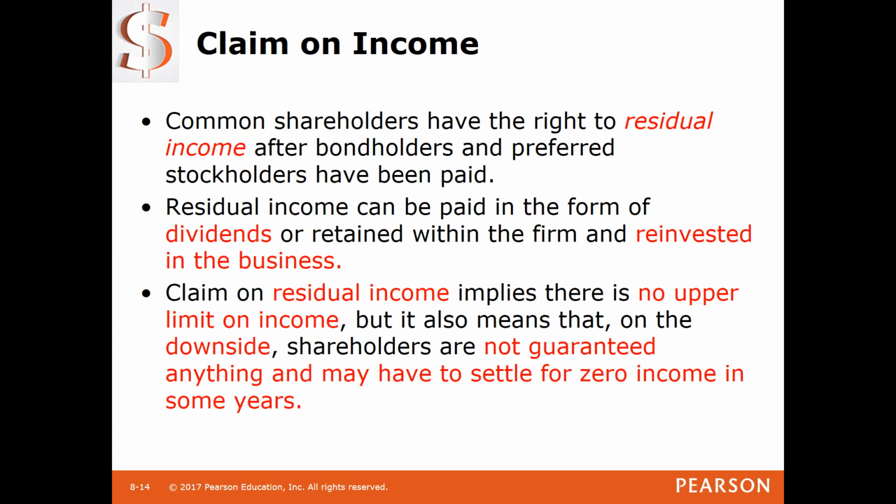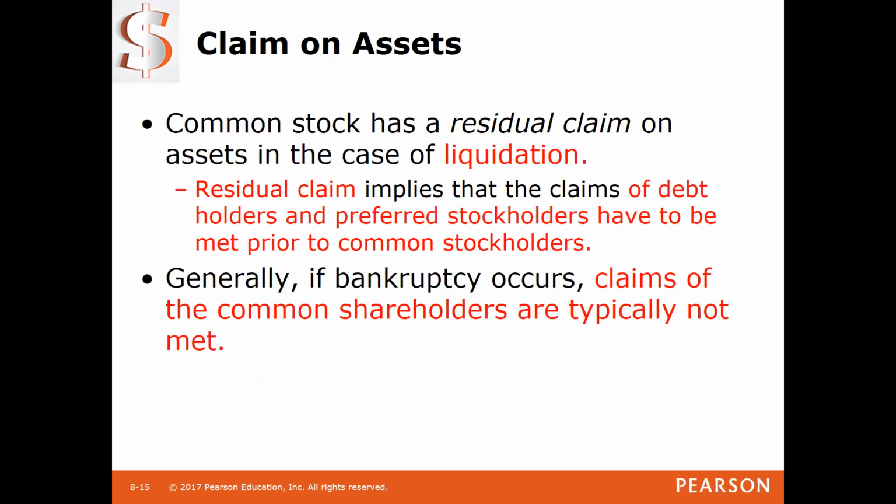To illustrate this point further about common stockholders being the last in line, let's say unfortunately our company gets into trouble, loses its profitability, and has to sell off its assets because it is facing bankruptcy. In the case of such a liquidation, where the assets of the company would be sold off into the open market, common stockholders are also entitled to some of it, but they would receive it last.